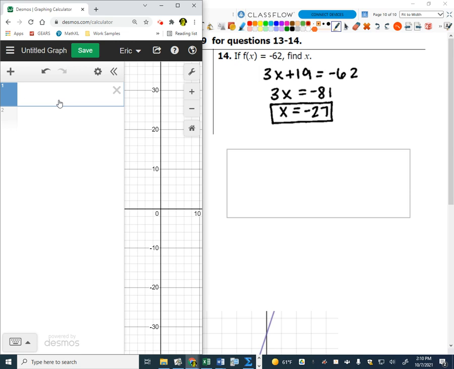And for this purpose, I wouldn't have to call them f of x or g of x because I'm not actually plugging values into the function, right? I could just call them y's if I wanted to, right?